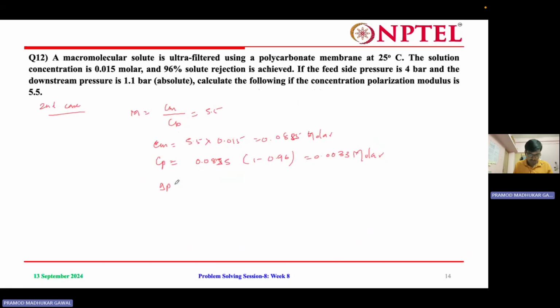Now the effective osmotic pressure delta pi is equal to RT delta C, right?